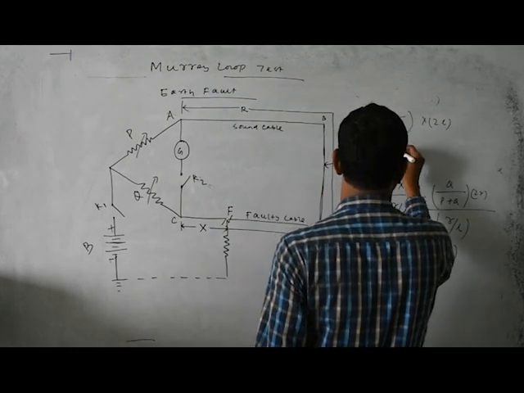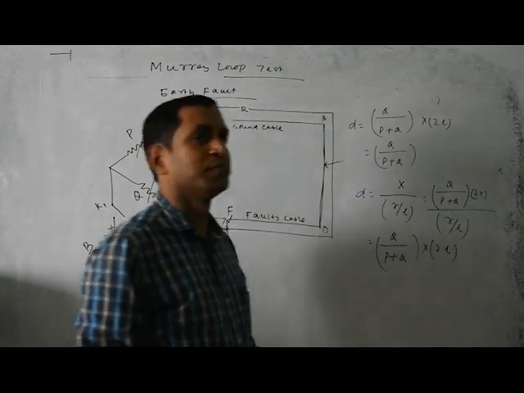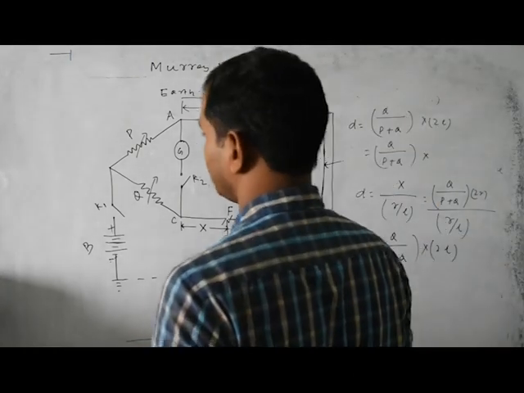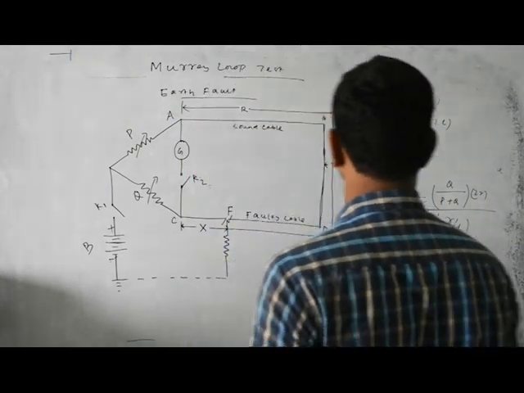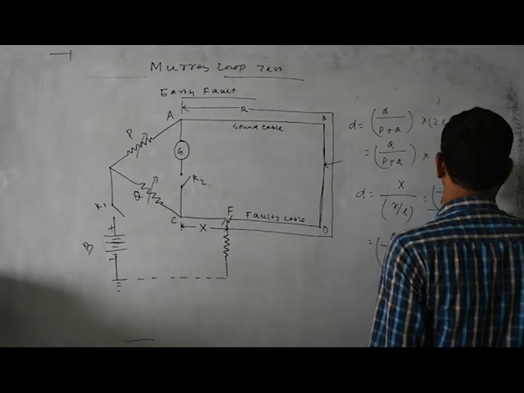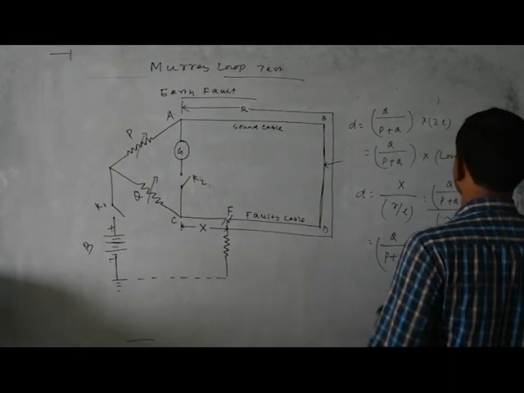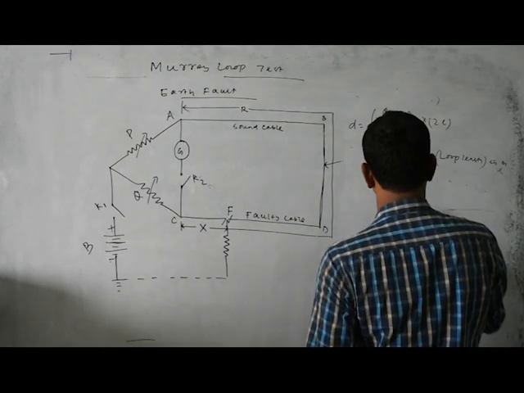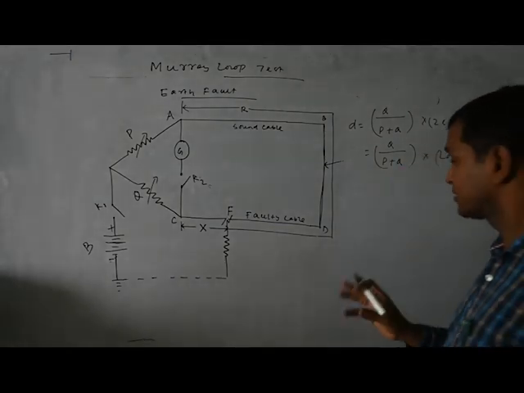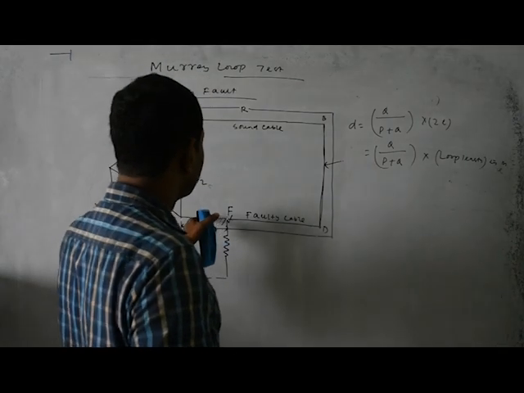Or Q by P plus Q into the loop length. 2L is the loop length, in meters. This is the method for finding the location.